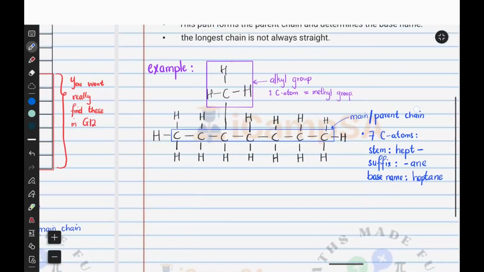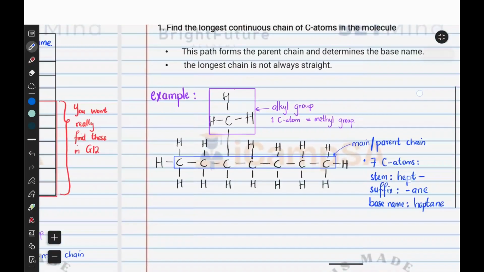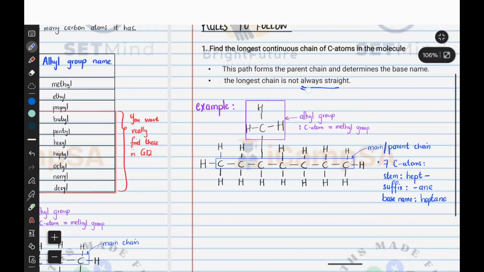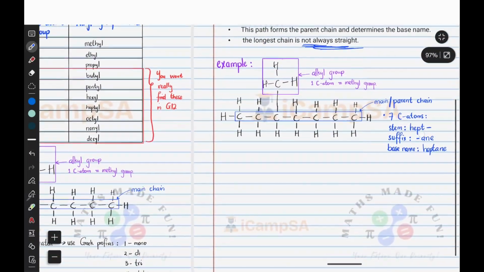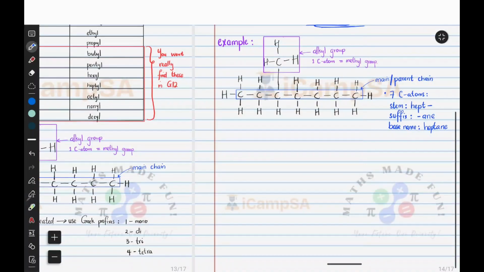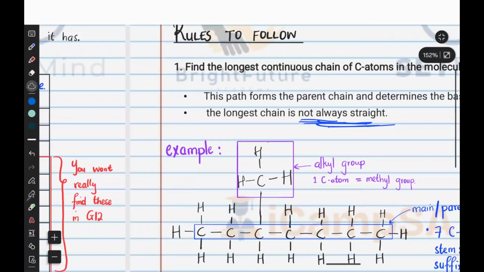Now, another thing that we must note is the longest chain is not always straight. So what example would that look like? Let's change this.